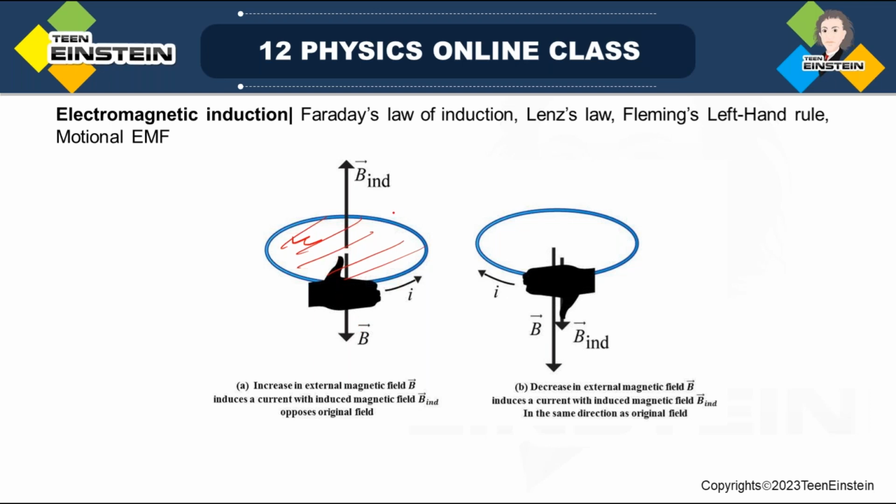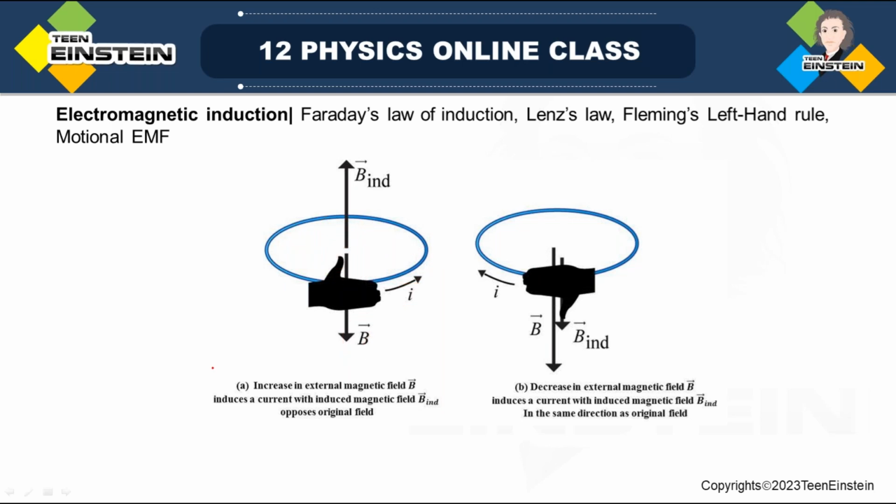Now somehow if the flux linked to this current carrying loop is changed, then the induced current will be flowing in the anti-clockwise direction, such that the induced current will produce a magnetic field exactly in the opposite direction of the original field, as you see.